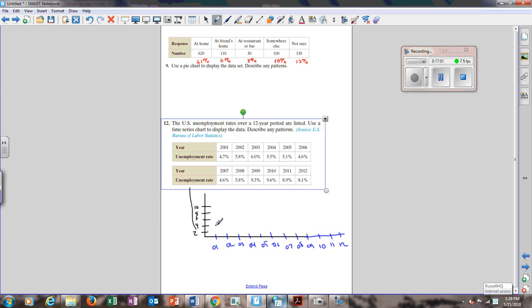All right, then you just do your percentages. 4.7, about there. 5.8, a little higher. 6.0, a little higher. 5.5. I don't think I really need to illustrate this for you. You just do a line connecting all your dots as it goes through the time series. Again, not going to be on your test.